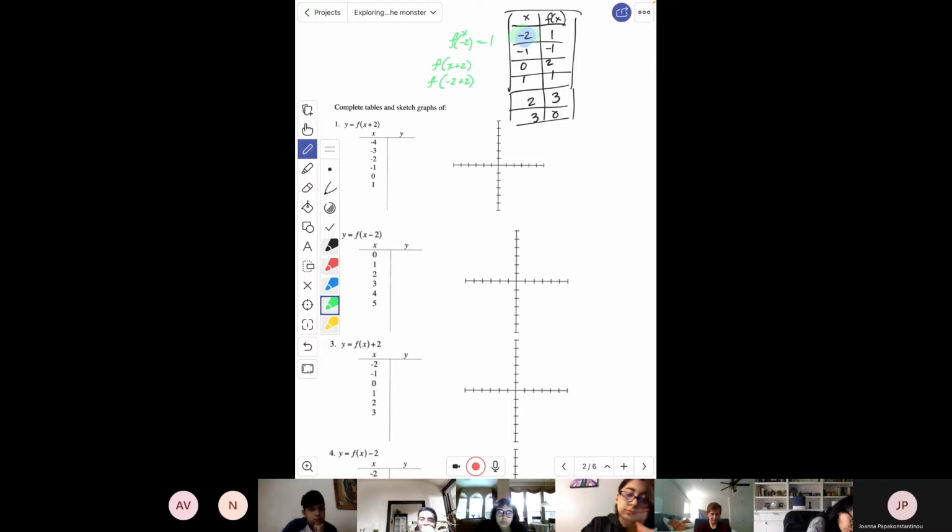If I add 2 to it, I'm really looking at f of 0, aren't I? Does that make sense? I'm just taking the x value that I know. So this x value is -2. And if I add 2 to that, -2, which was the original first x value that I had, plus 2 means I'm now looking at f of 0.